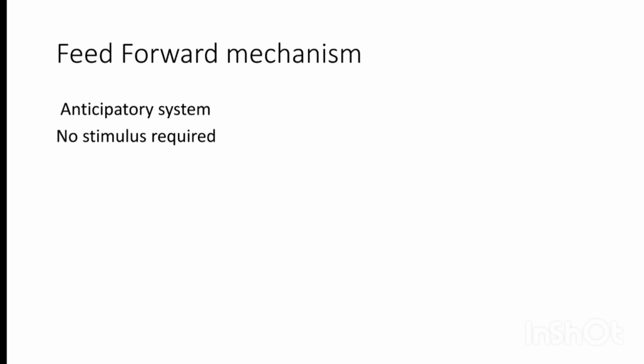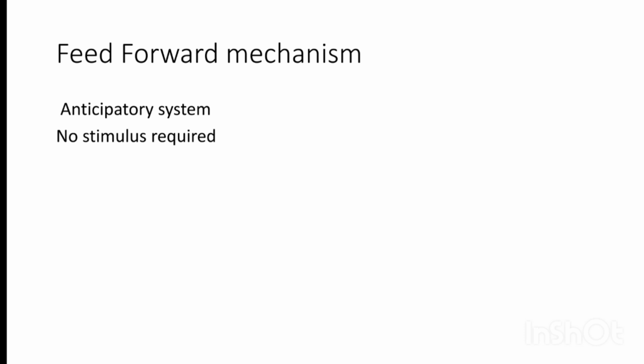Now the feed forward mechanism, it is a bit conceptual. First, let us know what feed forward is. It is an anticipatory system. बॉडी में कुछ स्टिमुलस नहीं हुआ है, कोई स्टिमुलस नहीं है, बट बॉडी फिजिकली अफेक्ट होने से पहले ही कुछ इंटरनल चेंज कर लेती है.